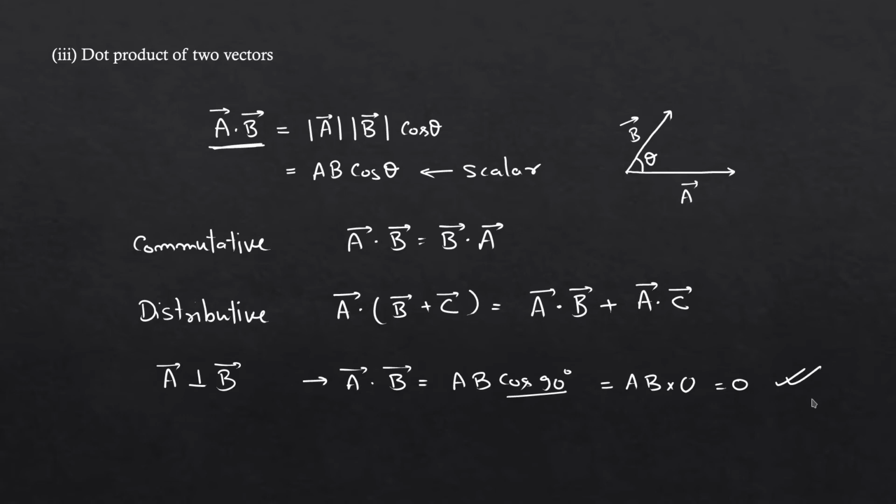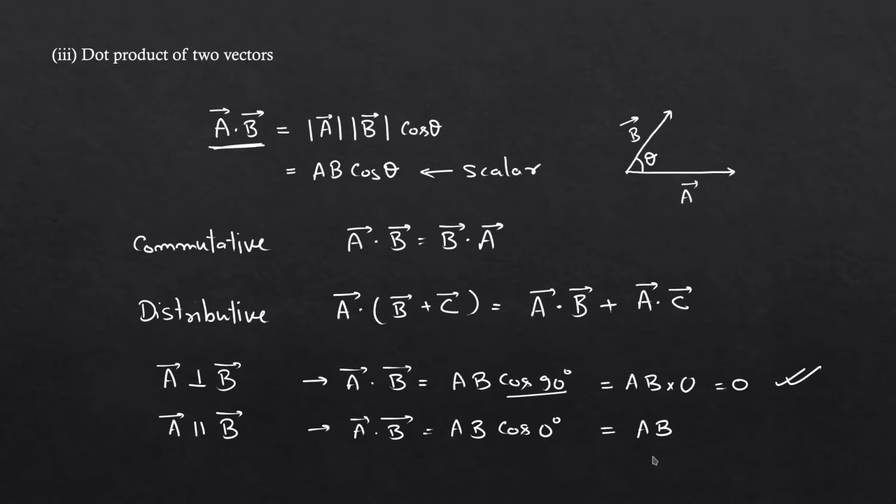So if two vectors are orthogonal or make 90 degrees with each other, their dot product is 0. The other case is when vector A is parallel to vector B. Their dot product equals AB cos 0 degrees. Cos 0 degrees is 1, so you will get A into B, just the multiplication of their magnitudes. So if they are parallel, you can directly multiply their magnitudes to get the dot product.